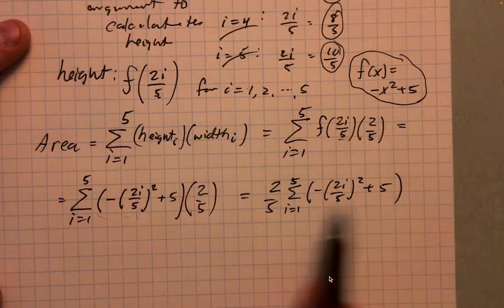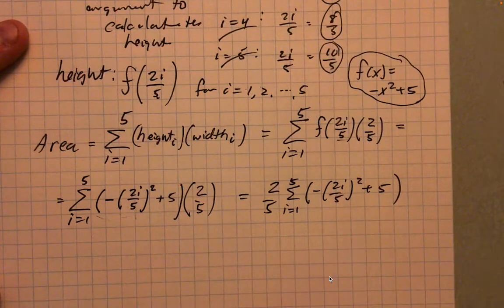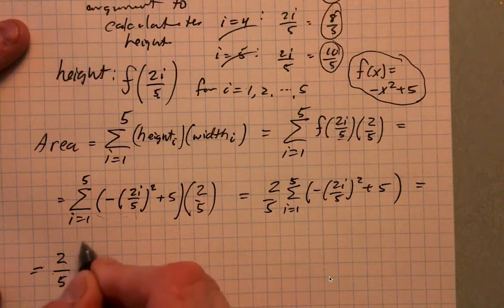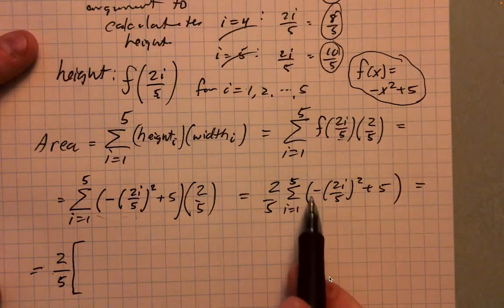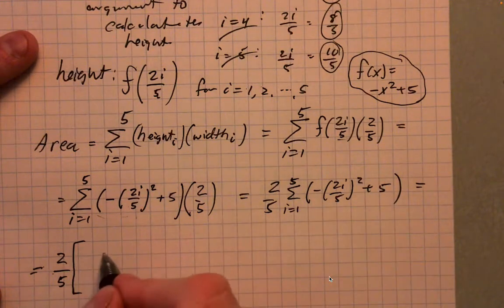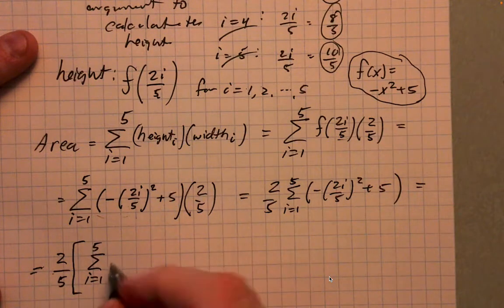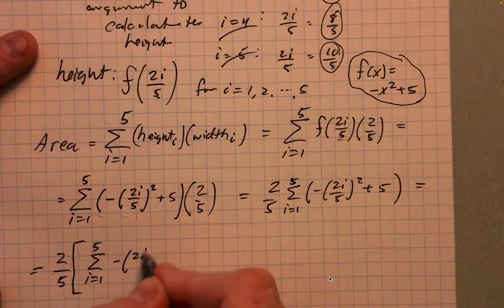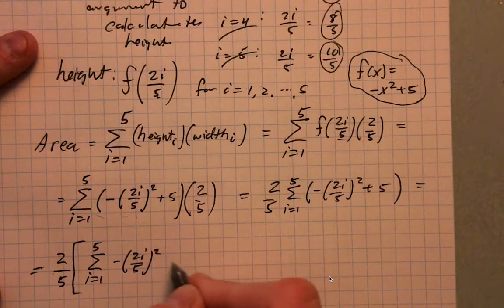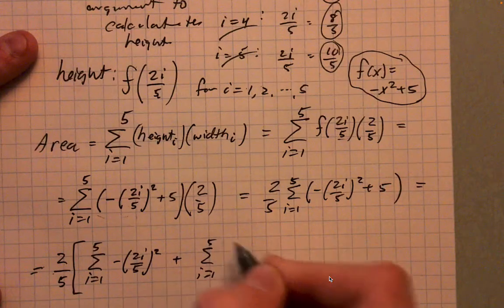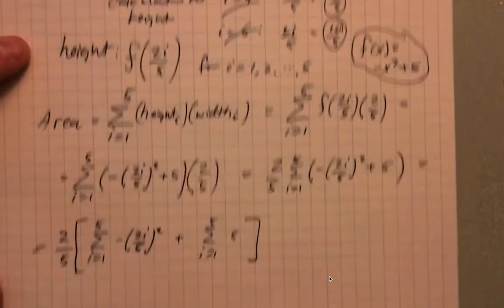You could break this into two pieces, and then pull the 2/5 out. So you've got the 2/5, and then you can break this into two sums: the sum from i equals 1 to 5 of negative 2i over 5 squared, plus the sum from i equals 1 to 5 of 5.